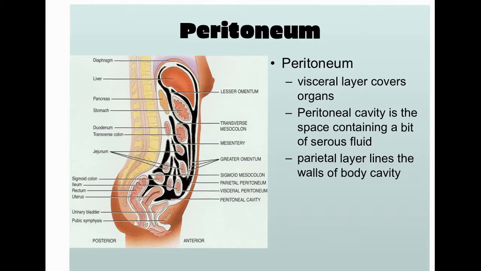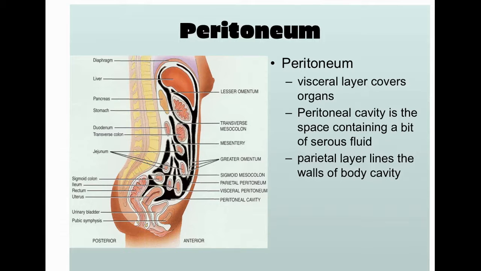Peritoneum. If you remember back when we first started, back in August and September, we had the pericardium, which was the serous membranes that surround the heart. We have the pleural membranes that surround the lungs. And we also have the peritoneum, which is the serous membranes which surround and protect the abdominal organs.